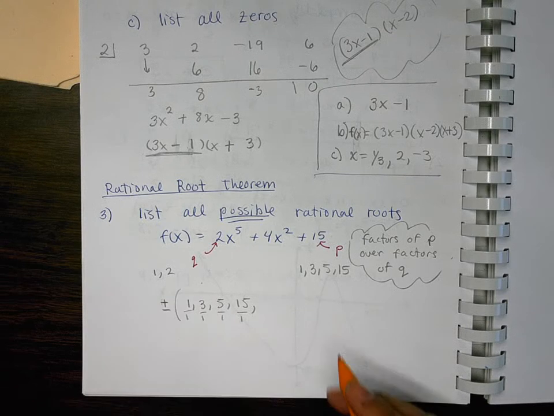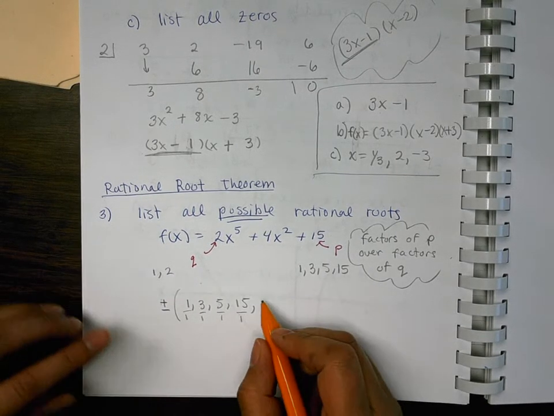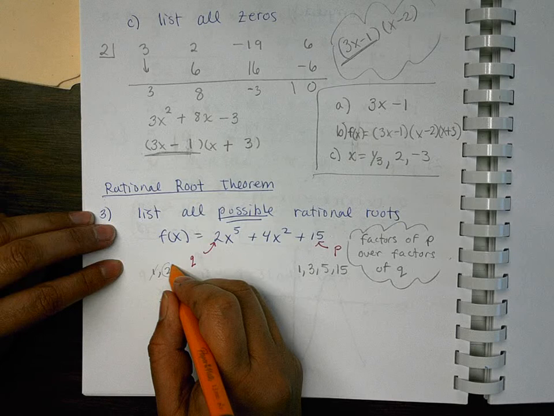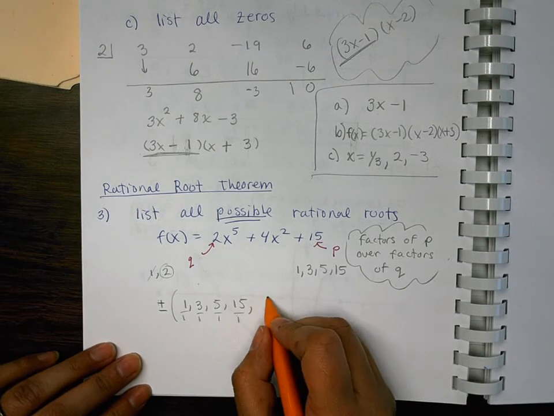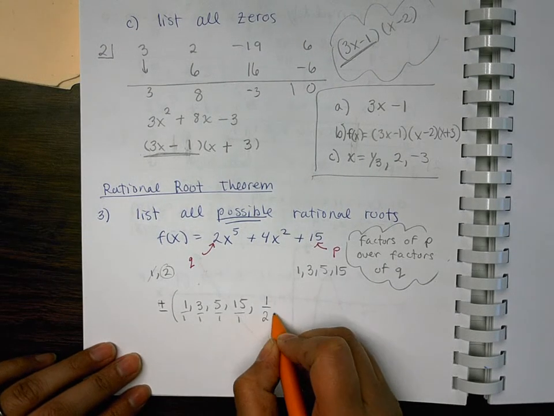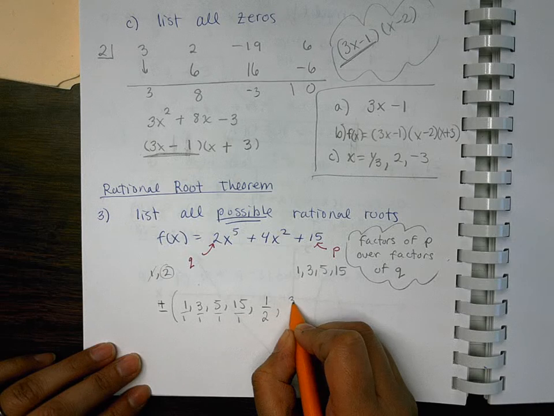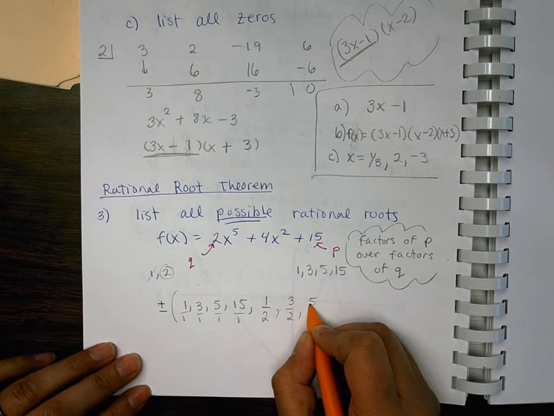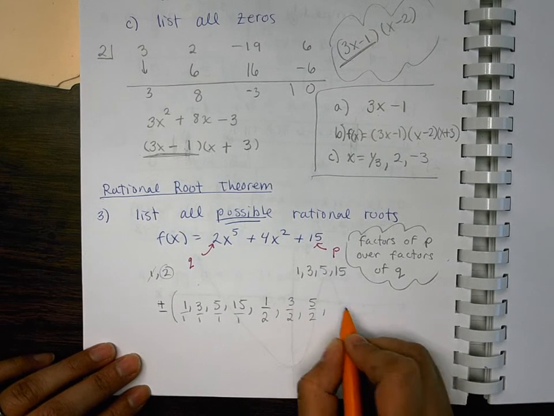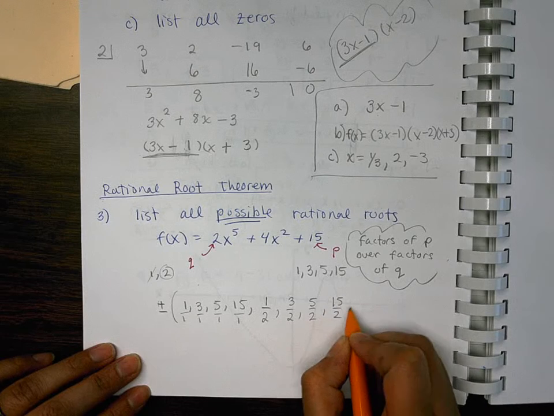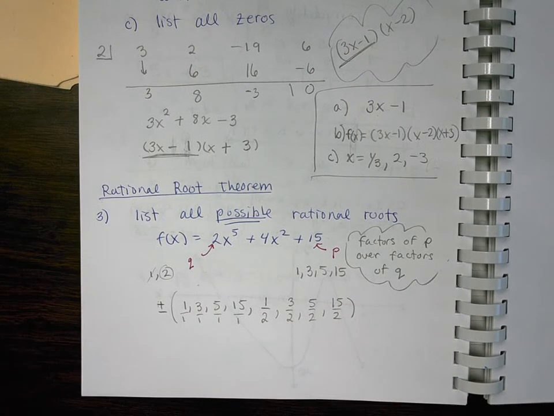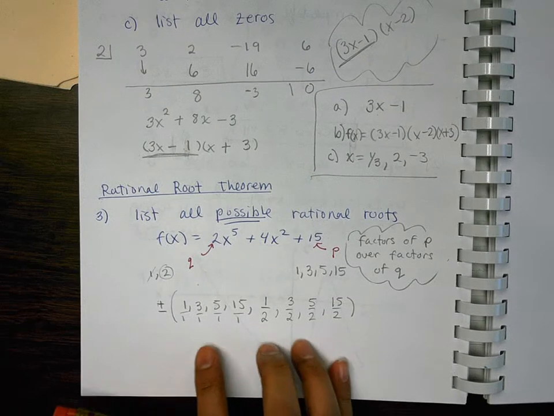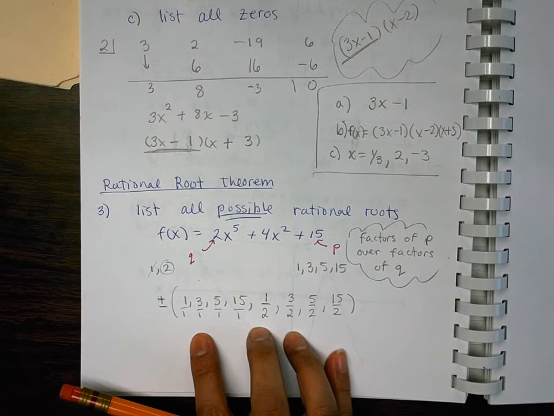Now I'm going to go again, and I already finished the 1. I'm going to work with the what? 2. So it'll be 1 over 2. What's the next one? 3 over 2, 5 over 2, and 15 over 2. Now, students are going to complain, oh my goodness, those are a lot of numbers and there's fractions. But again, this list is a lot better than just randomly guessing from nowhere.